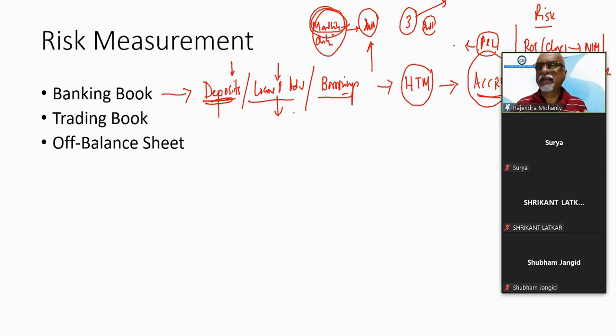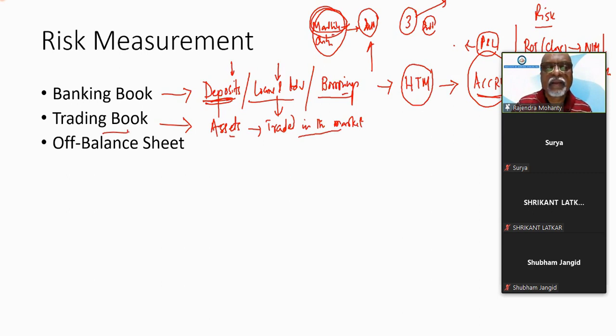Okay, so these are the characteristics. You should remember this. Any question may come about this. Okay, now about the trading book. In the trading book, all those assets of the bank which are traded in the market, basically they are the investment portfolio.